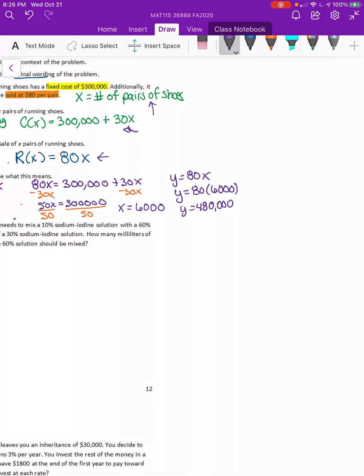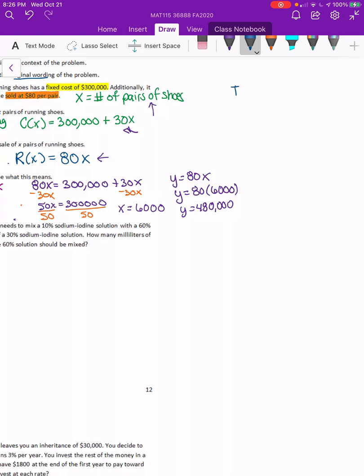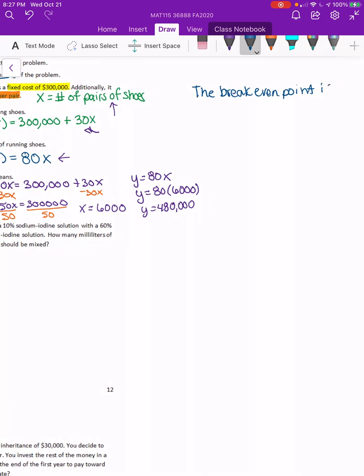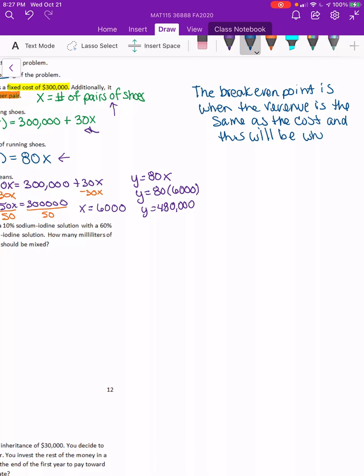So let's write this out in words. We would say the break-even point, that's what the question asked, so we're going to answer it in terms of the words of the problem, is when the revenue is the same as the cost, and this will happen when they produce 6,000 pairs of shoes.